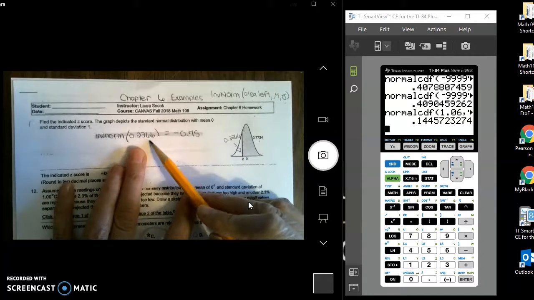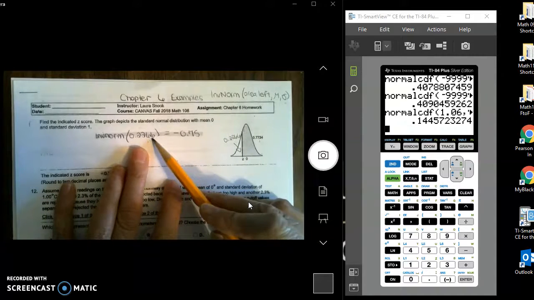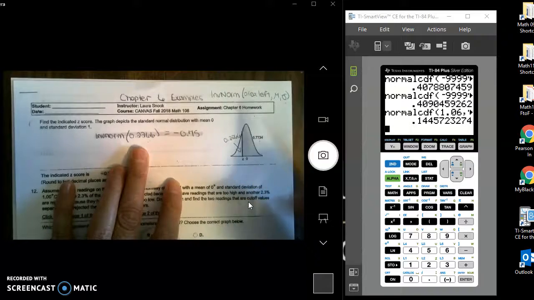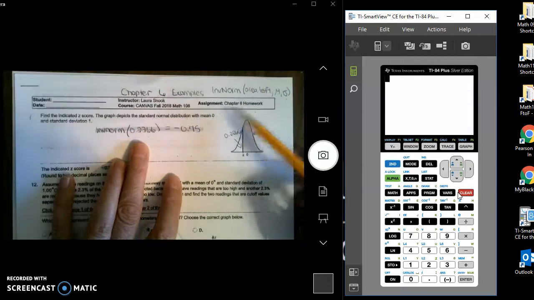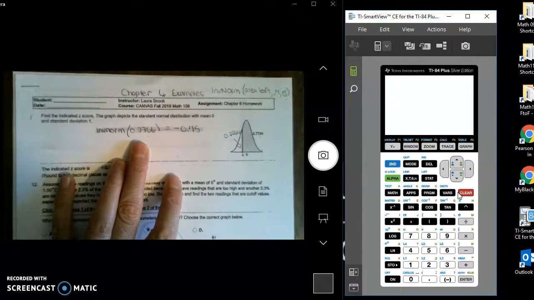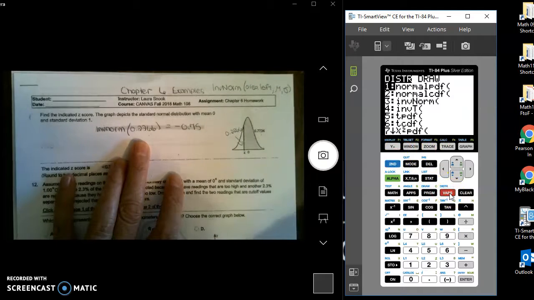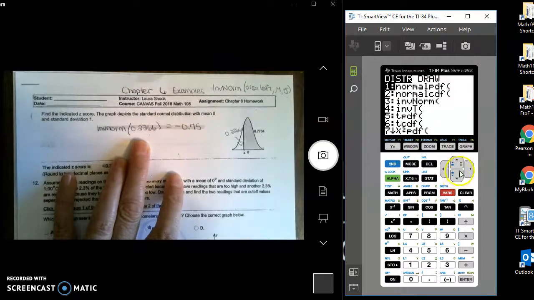So let me show you this one. That's why I didn't put the 0,1 here. But let me show you this one in the calculator. The way I find the inverse norm is the same place as normal CDF. I go to second, distribution, and I look at number 3.